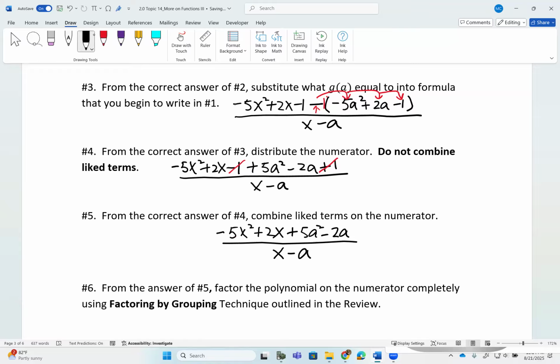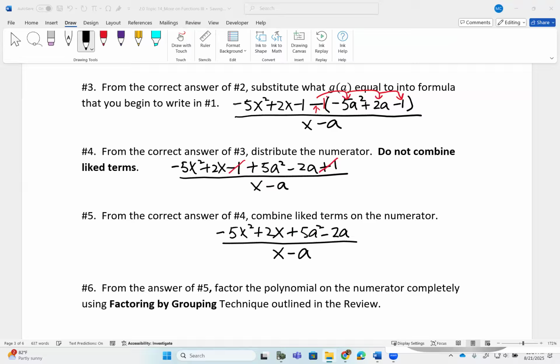If we recall, when we reviewed rational expressions back in topic number 6, and I mentioned this a couple of times before, every time we're dealing with a rational expression, what do we do at the end?